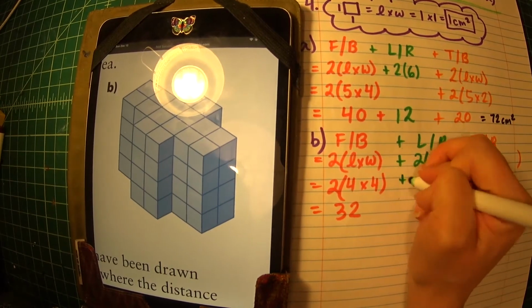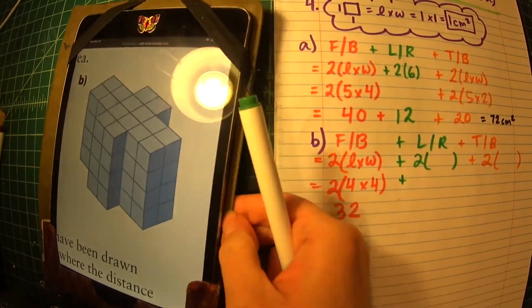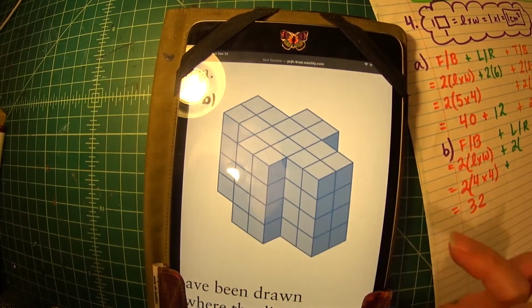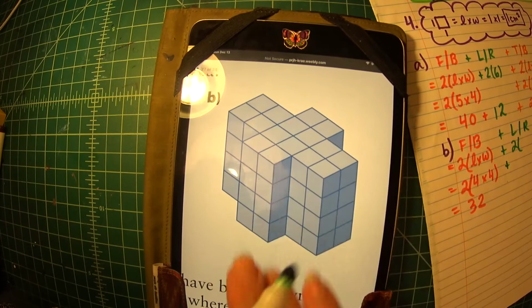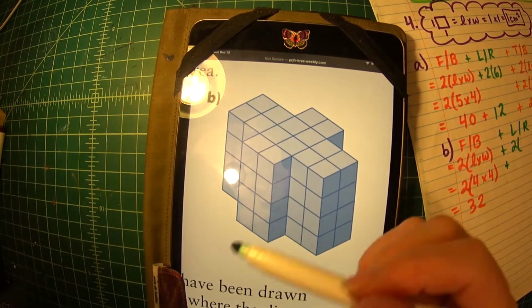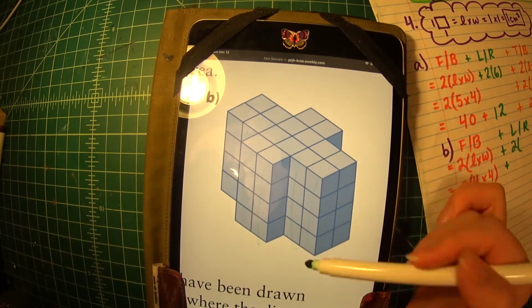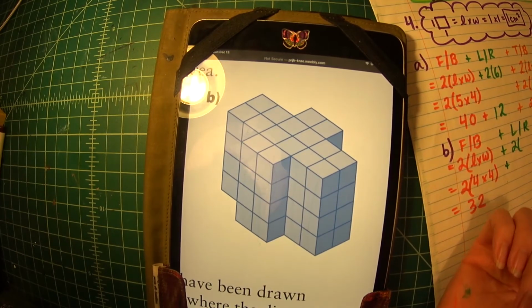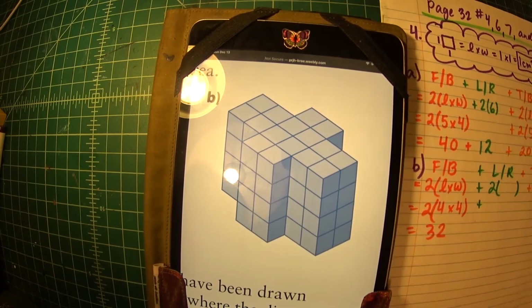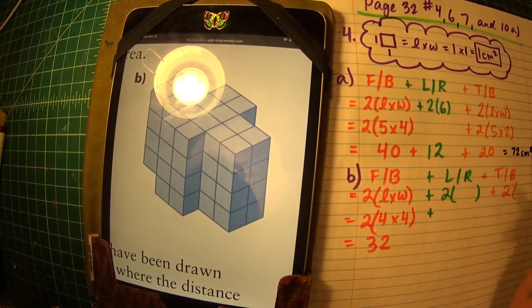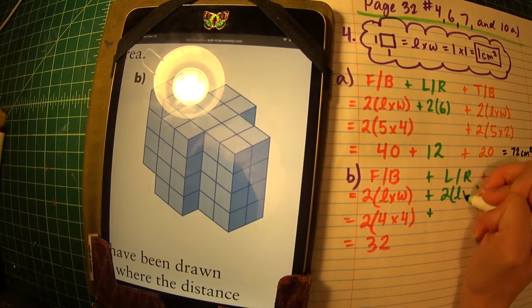Okay, on to my left and right. So for me, that's going to be this face here now. So again, you have to imagine you're looking straight on that face. So you would see this column, these two, and these two. Those would be the columns that I would see. So again, looking on it as two-dimensional flat view, it would just be another rectangle. So length times width.